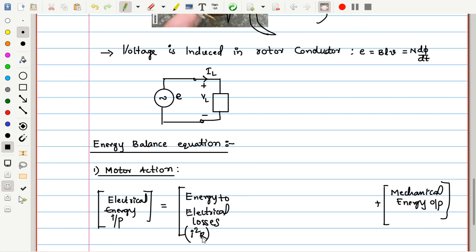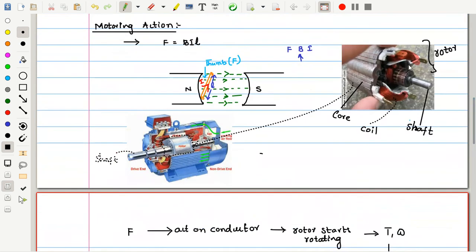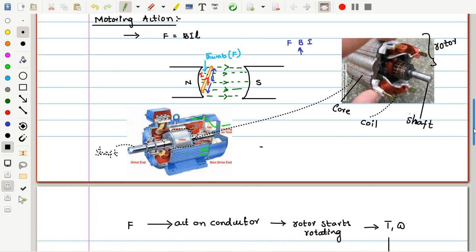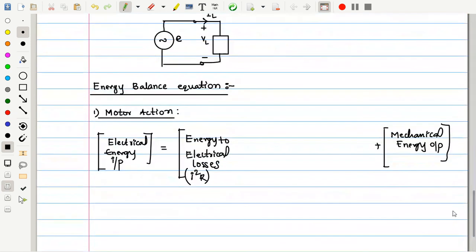There will be some resistance in the copper wire here. I am giving power supply to this machine, which means this conductor is carrying a current of I amperes, where the conductor has a resistance of R. So I squared R is the loss. That is the energy loss to the electrical, which is the I squared R loss. That is one component.